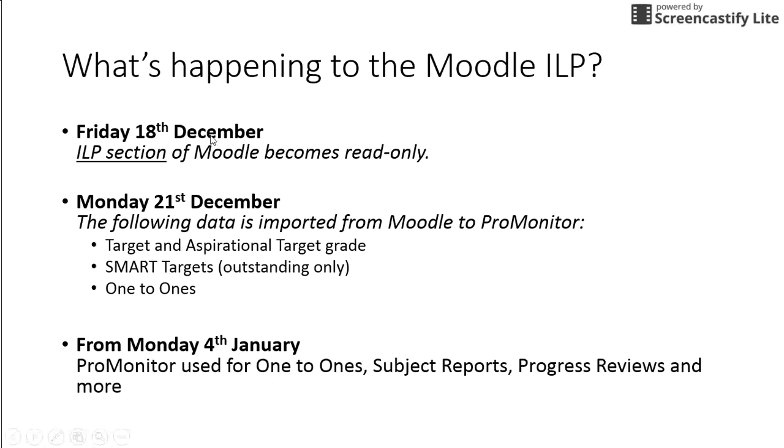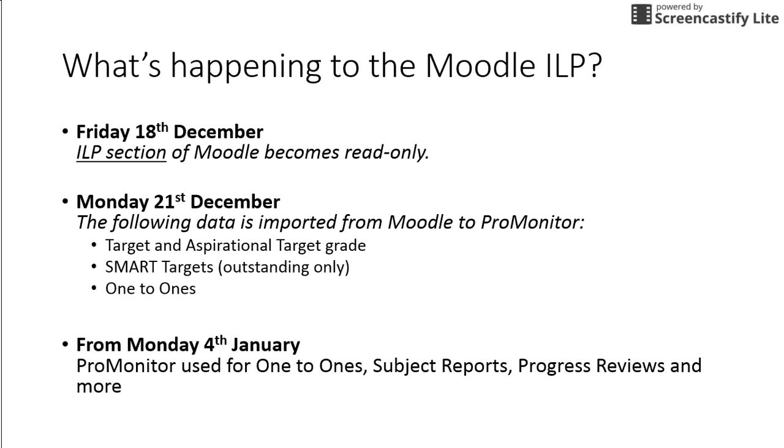On the 21st of December, we're copying data from Moodle into ProMonitor, and that is live data information that you're going to need access to. So, for example, we've got the target and aspirational target grade, which you've already set. You won't lose that. You'll be able to update it once it's in ProMonitor if you need to.